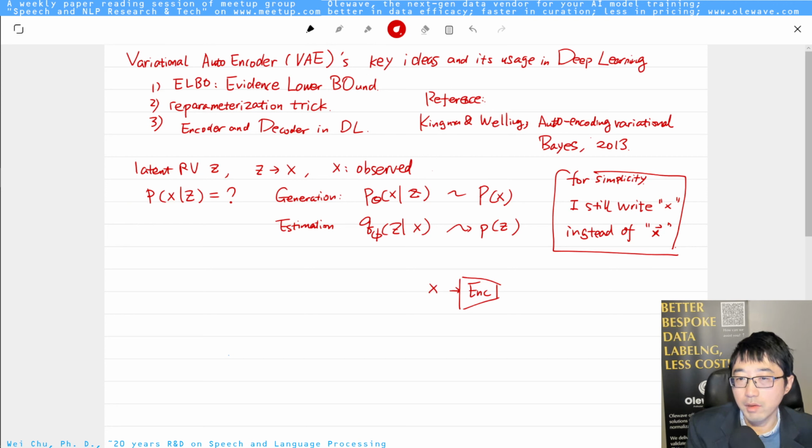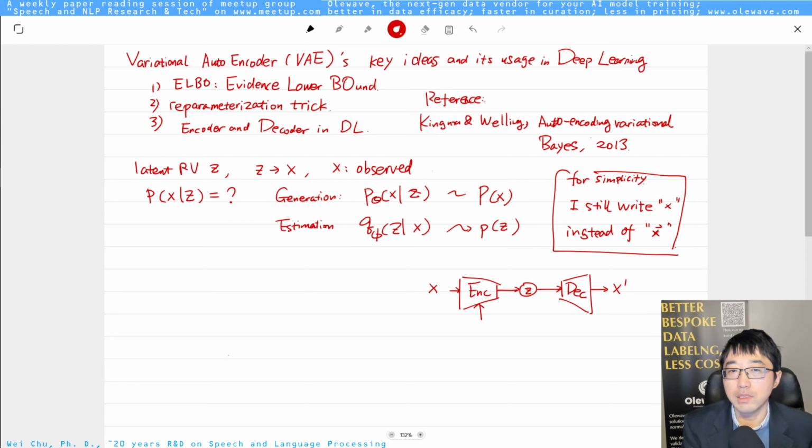This is X input, and this will be the output Z. And Z would be the input to the decoder. The decoder's output is the generated X. The parameter that controls the generation is theta, and the parameter that controls the estimation is called phi.